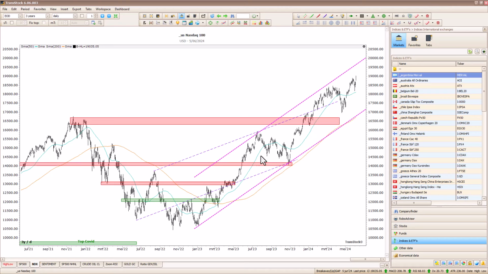You can see a rising short 50-day moving average and a long 200-day average, indicating an ongoing upward momentum. The chart continues to move nicely in the rising channel.